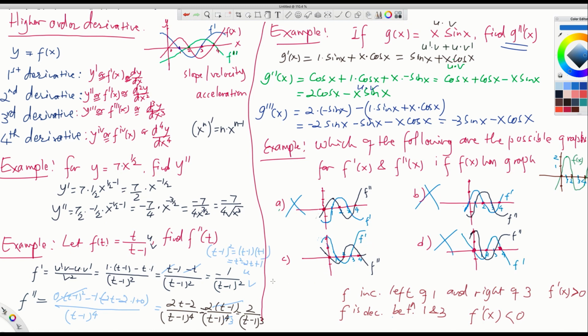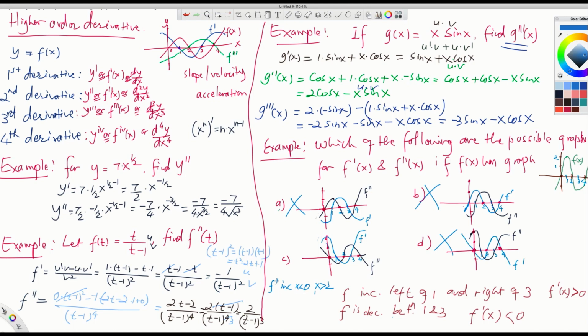So let me write down that. F prime is increasing on x less than 0 and x greater than 2. Look at this, because this is the right graph for f prime, right? So let us look at the property of f prime. F prime is increasing left of 0 and increasing right of 2. Okay?